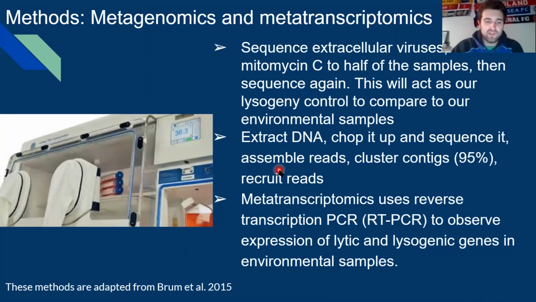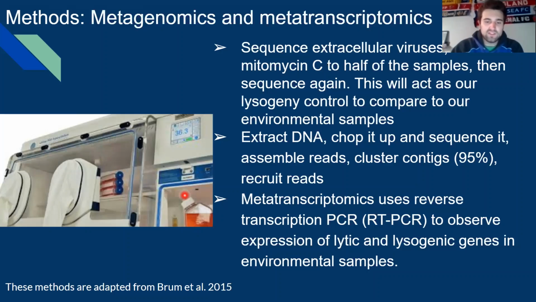The methods for finding metagenomics and metatranscriptomics start out very similar to the methods for counting. However, all these steps should be done under an anoxic hood to preserve the levels of dissolved oxygen to keep our genes exhibiting the same expression. We will sequence the extracellular viruses and once again add mitomycin C to half of the samples to act as our control.